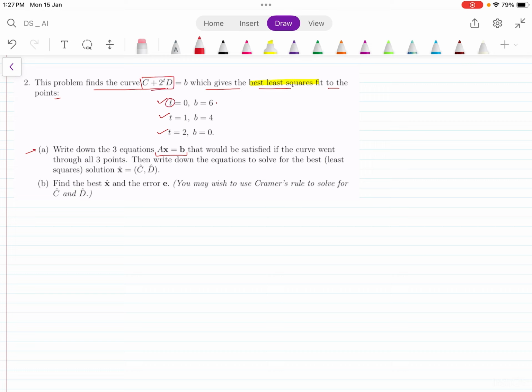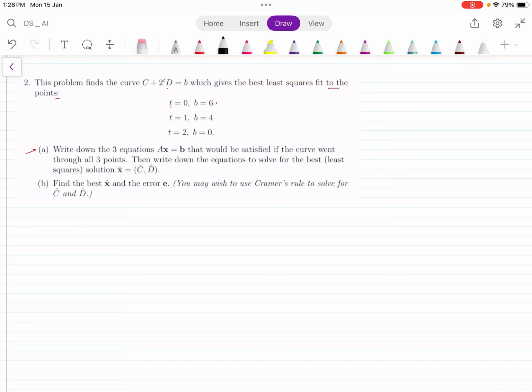So this t value is here, and when you put this value you will get a set of linear equations, and after getting the set of linear equations you can write them in a more compact form that we call a matrix equation. That is what we have to write in the first part. Now in the second part we have to look for the solution. Let me first write down the first part, right?